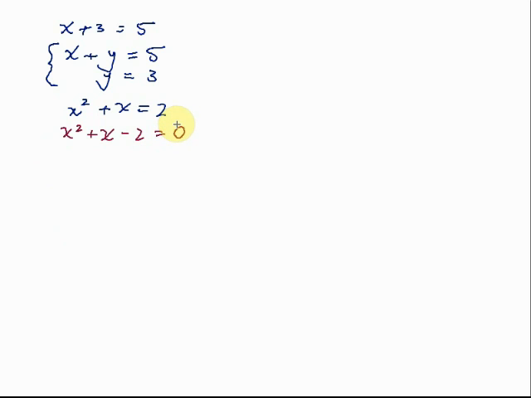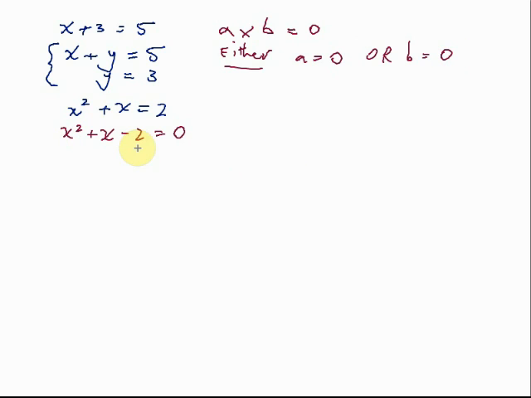Now I come to why we want a 0 over here on the right hand side of the equation. Because do you remember when I described in an earlier presentation where we have two things multiplied together? Let's suppose it's a times b, and those two things multiplied together equals 0. Then we know that either a is equal to 0 or b is equal to 0.